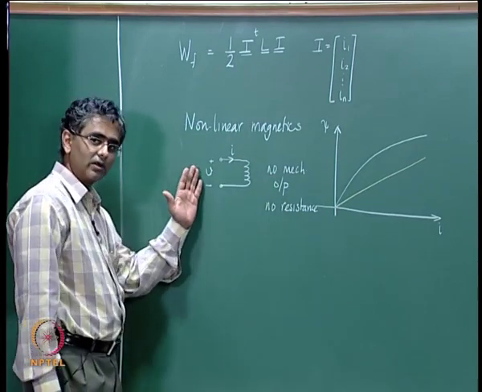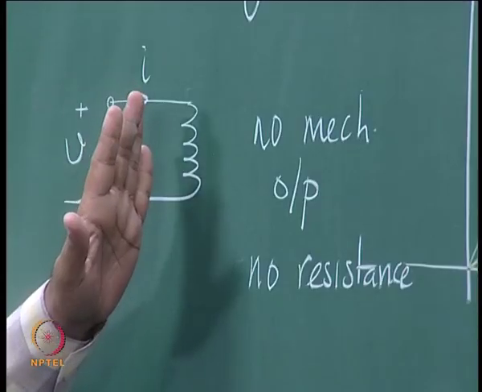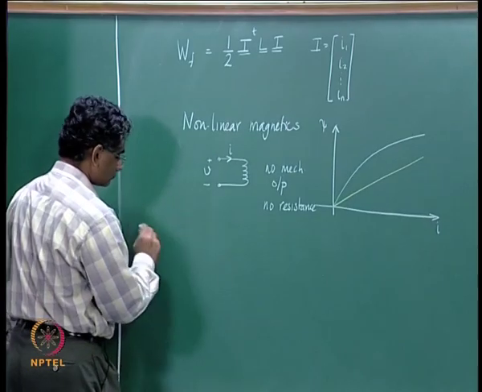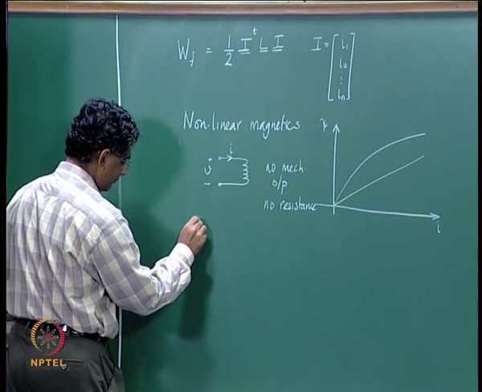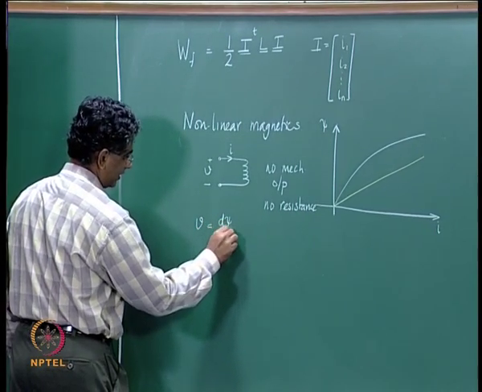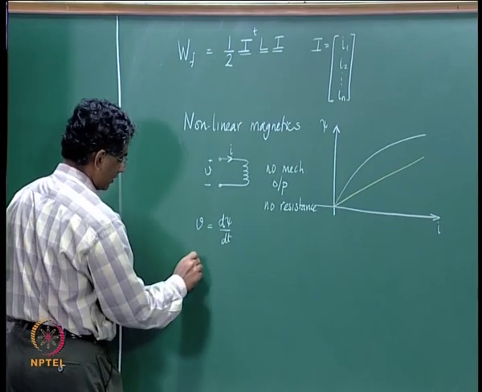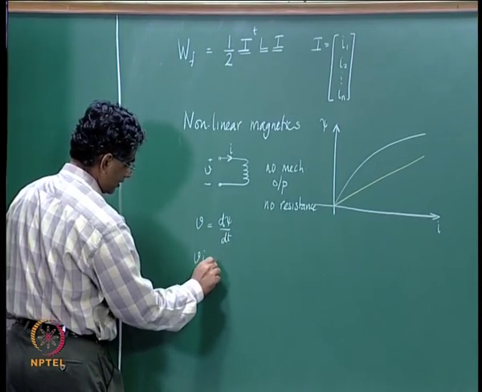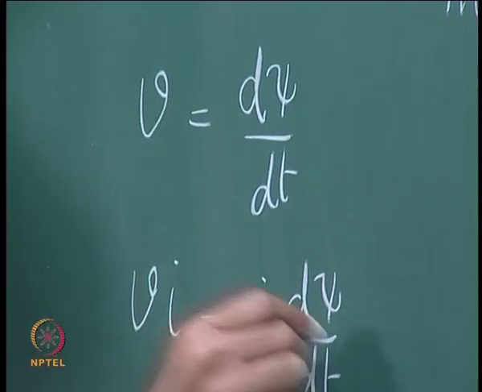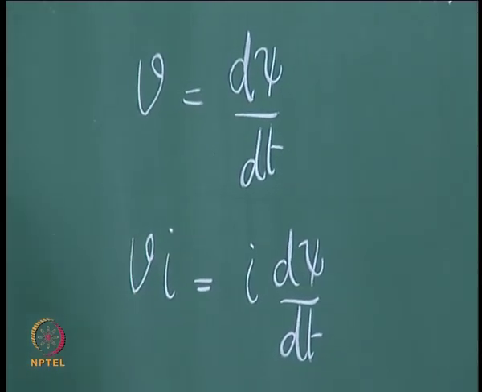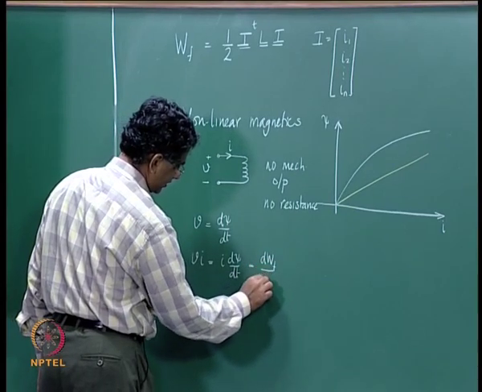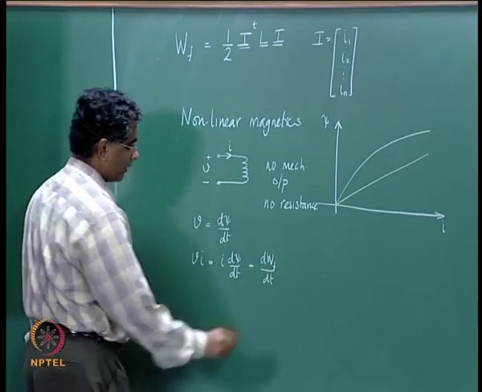Then all the electrical energy that is supplied goes towards increasing or decreasing the magnetic field. Therefore, if we write V equals d psi by dt, then input power V into I is I into d psi by dt, which is nothing but the rate of change of magnetic field energy with respect to time.